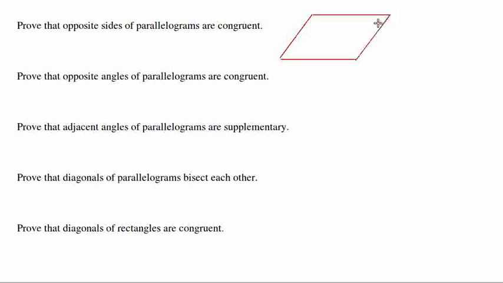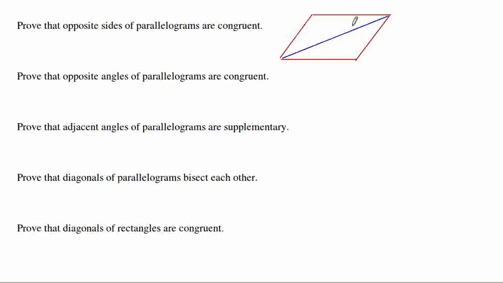And I'm allowed to divide any parallelogram into 2 triangles by drawing a diagonal. Okay, and let's keep thinking about what else we know about a parallelogram that has a diagonal, as I've drawn it there.